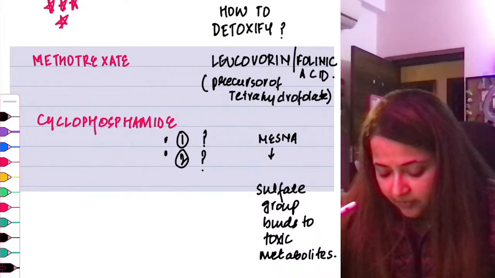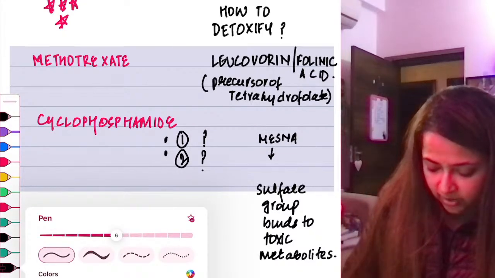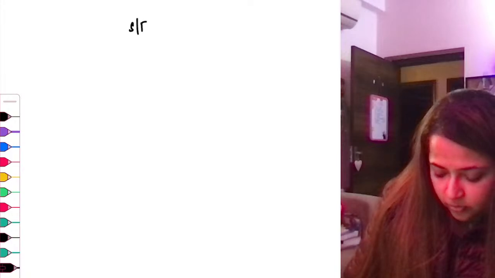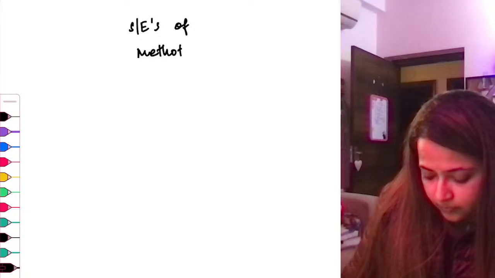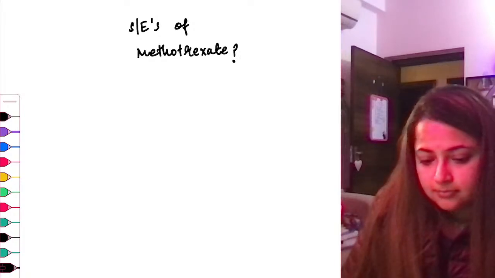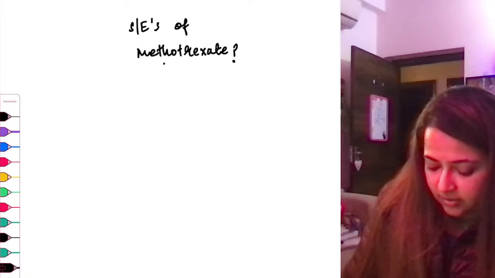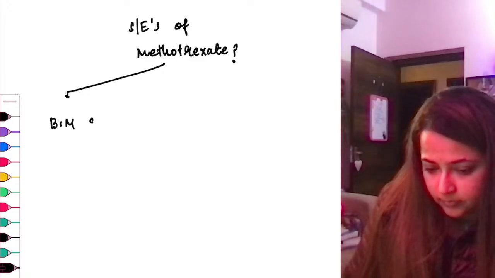For example, when you talk about methotrexate, what are the side effects? What are the side effects of methotrexate? Can anyone tell me? Yes, the side effects of methotrexate include number one, bone marrow suppression.